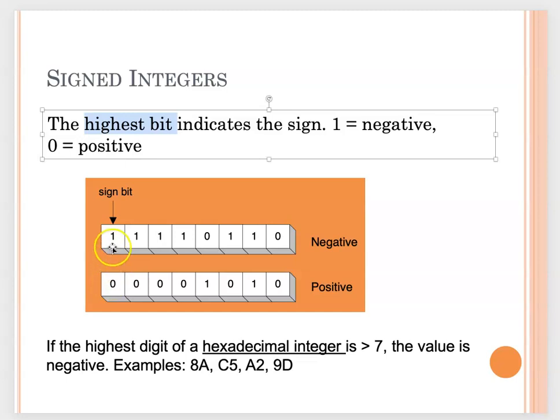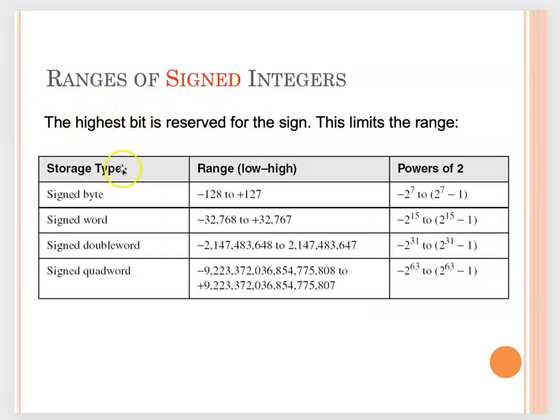After you have the signed integer, you understand, right? If I specify a signed byte, since I reserve the most significant bit as the sign, the range becomes -128 to +127. Here is the range.